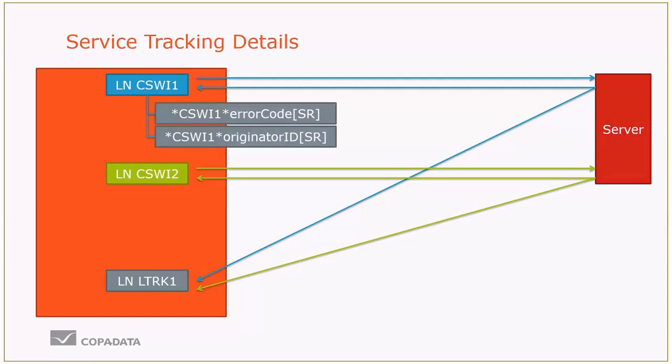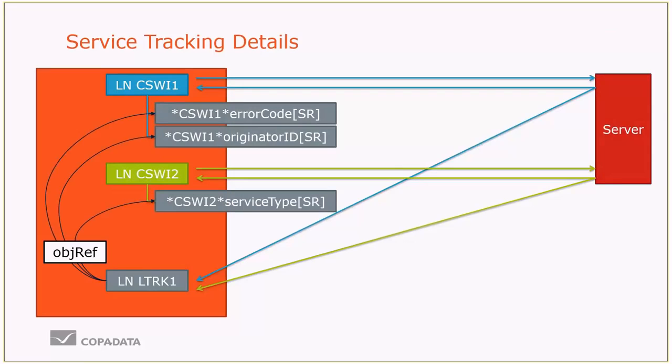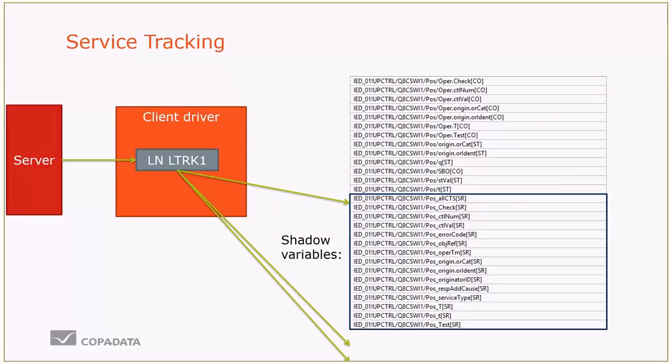And over the so-called object reference, which the server sends to this logical node, it's then possible to map service tracking information like an error code, an originator ID, or a service type to a certain logical node or to a certain object where we want to have this information. And as I said before, at the import, it is possible to import these shadow variables.